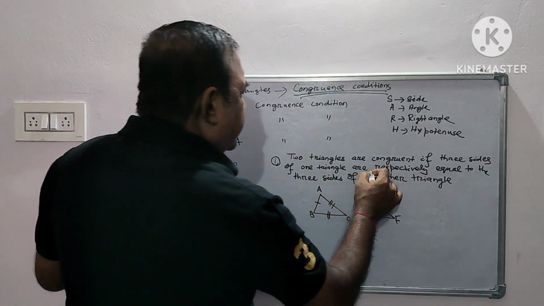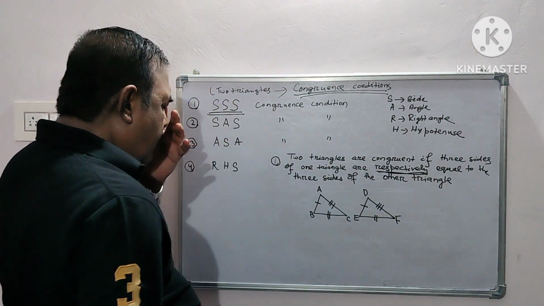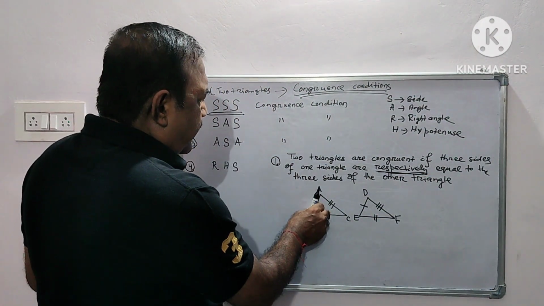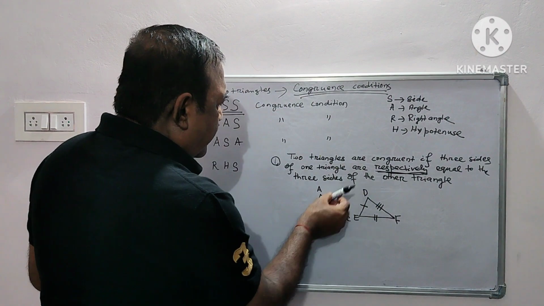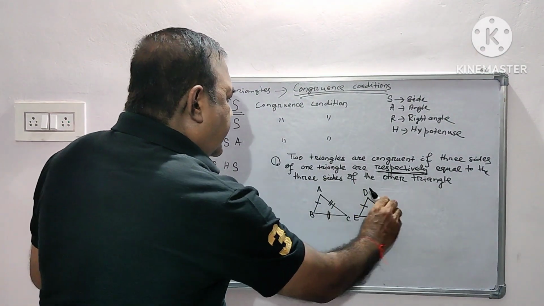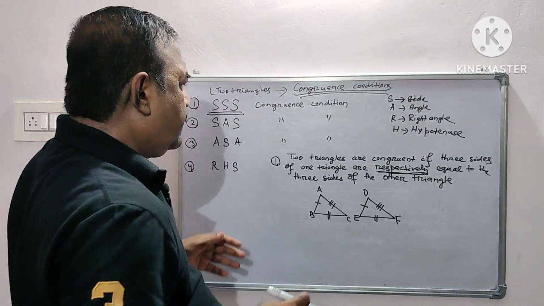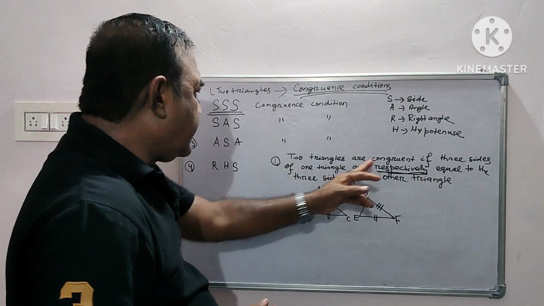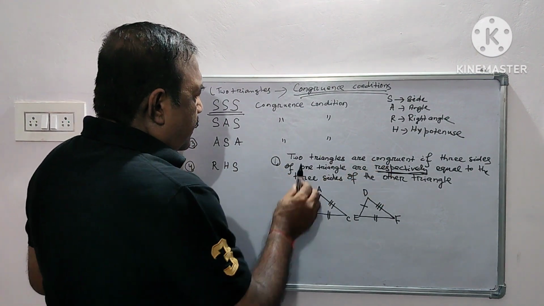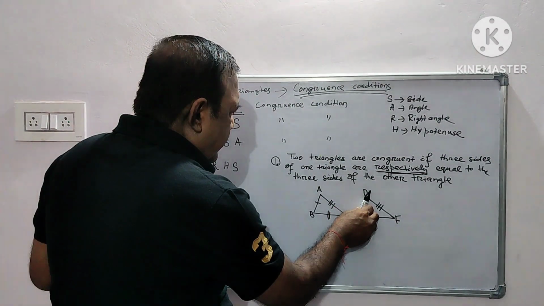The word respectively is most important here. How? For AB there is DE, for BC there is EF, for CA there is FD. You cannot say AB is equal to EF, no. You have to move in order, that is respectively. First AB, then DE.